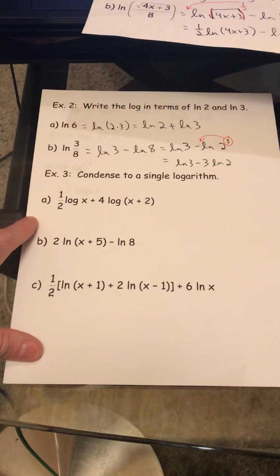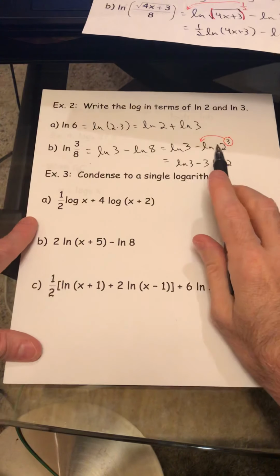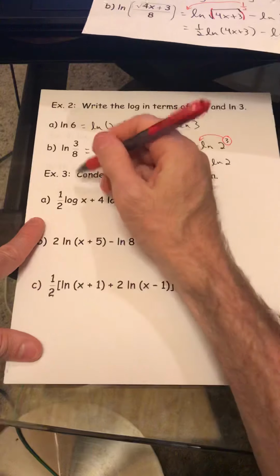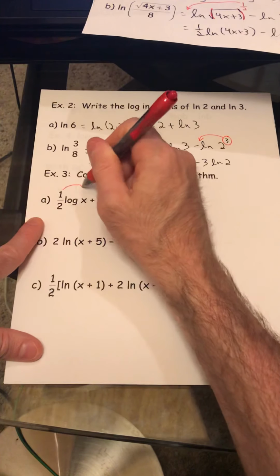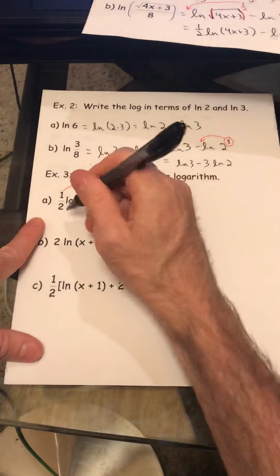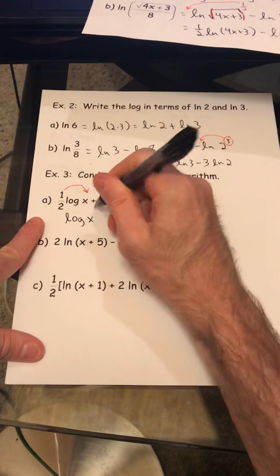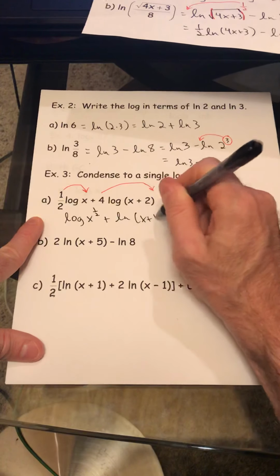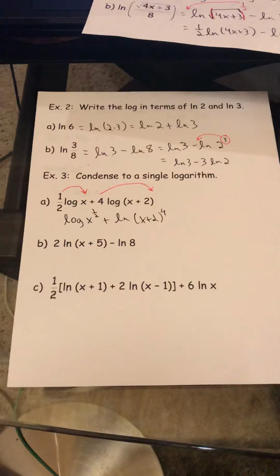If you are condensing, and one of the reasons why I've shown these stepwise, the first thing that we need to do is move our exponents back inside. So this is log x to the 1/2 plus log x plus 2 to the 4th.